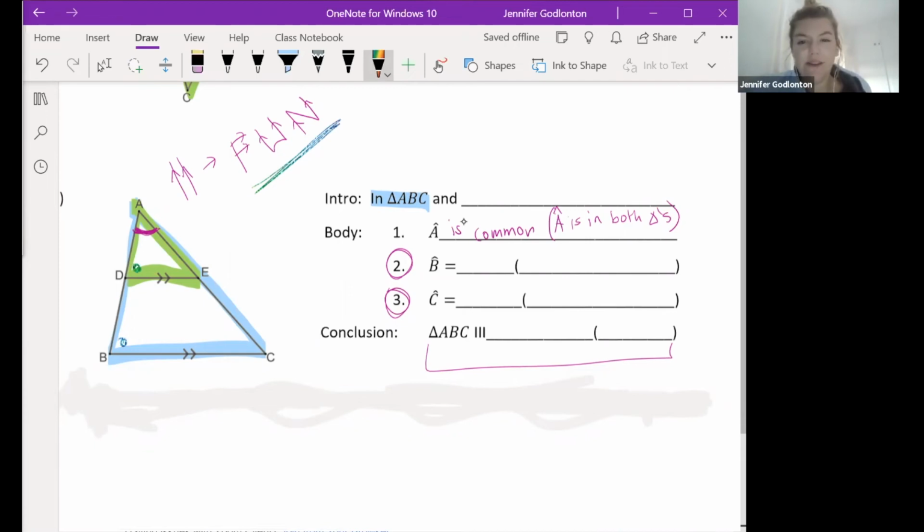Keep going, guys. Find your 2, find your 3. For 3, you can give me a reason, or you can take the easy route and just say sum of angles in a triangle, totally up to you. Then think about what your conclusion is going to look like, and then we'll talk about this last little part that I've just erased. And then I'm going to give you one to do entirely by yourselves.